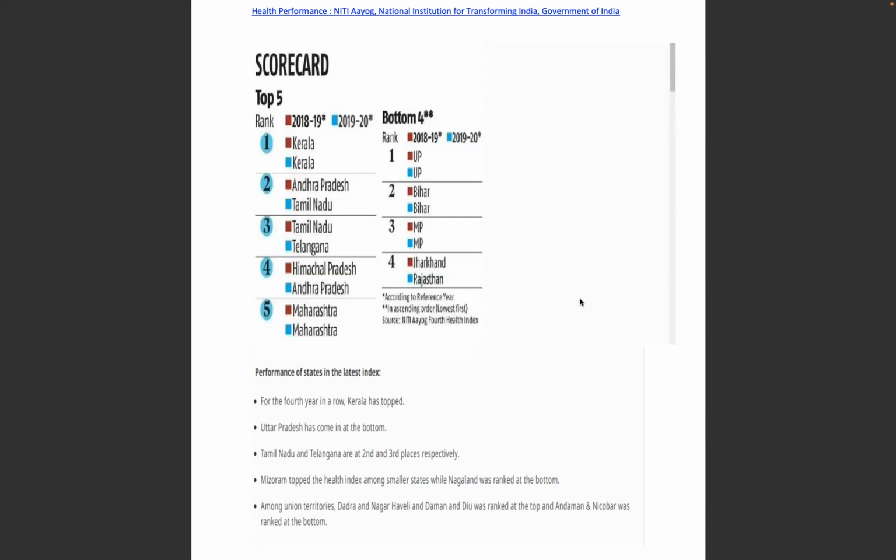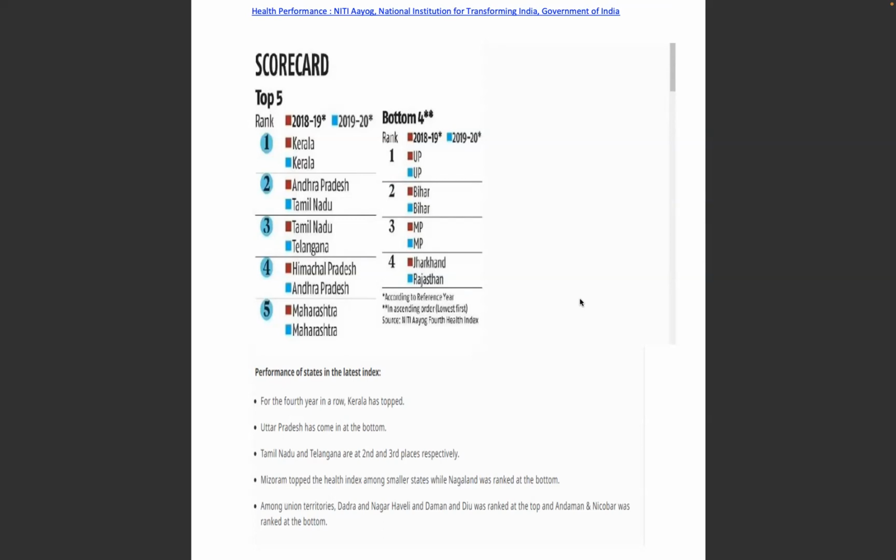But on the performance of states, the latest index states that for the fourth year in a row, Kerala has topped. It's not only that in 2018-19 they topped. For the last 4 years they are on top actually. Uttar Pradesh comes in at the bottom.